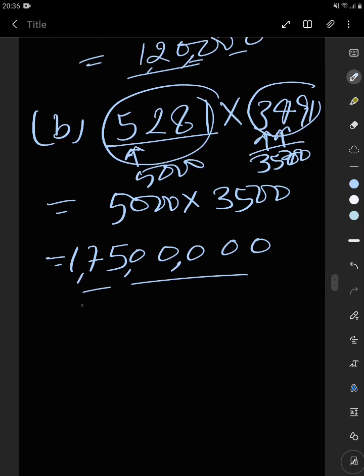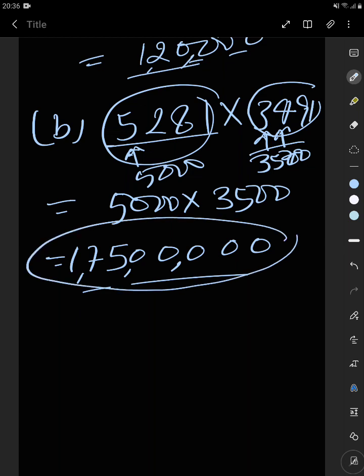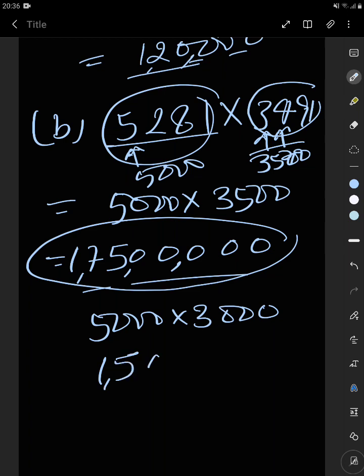Now let's see, if we had considered this as 3,000, how much answer would have come. The solution is this, but we want to show you that if we had considered 3,000, that would have been 5,000 multiplied by 3,000.